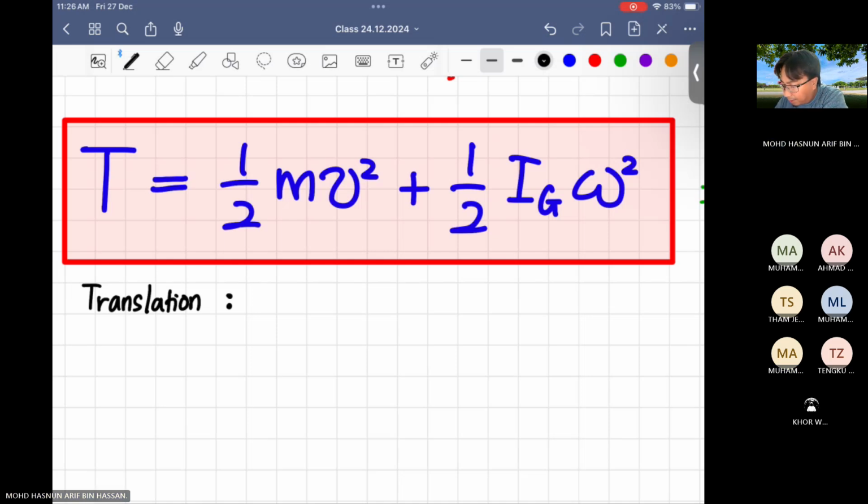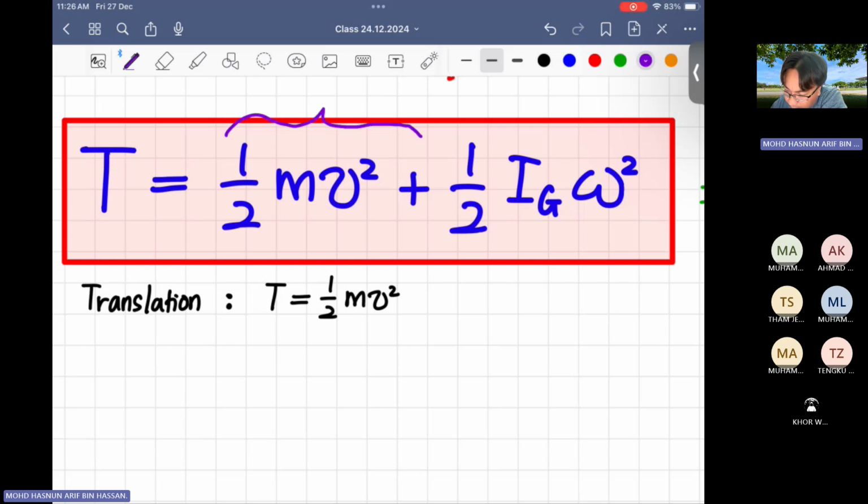So then the kinetic energy T will become 1 over 2 mv square only. This is what you learn in physics. In physics, mostly you learn about translation only. So there is no rotational terms.